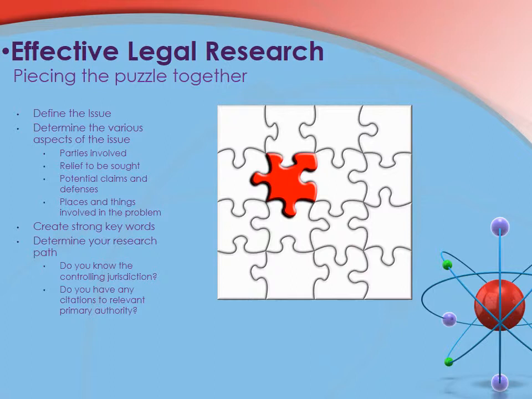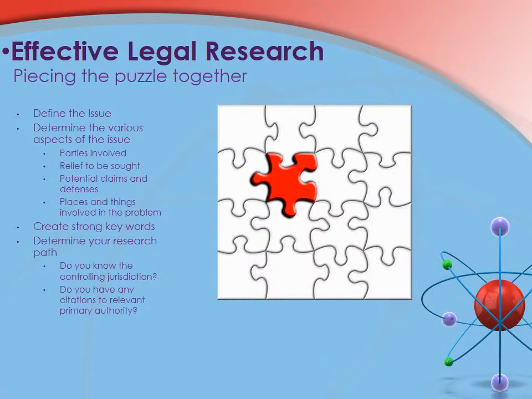Or let's say the situation is involving parties from two different states. You have to determine the controlling jurisdiction, who has authority to hear the case, so that you can find relevant cases and regulations pertaining to the controlling authority.